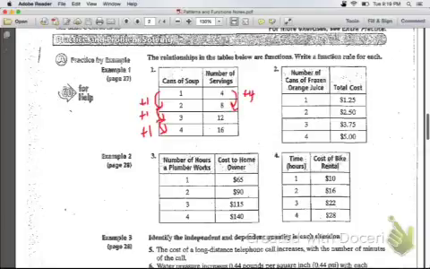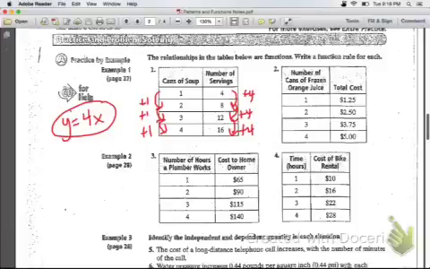We have plus 4, plus 4, plus 4. So the relationship between these two would be, let's see, 1 times 4 equals 4, 2 times 4 equals 8, 3 times 4 equals 12, and 4 times 4. So our rule would simply be 4x. It's a very proportional relationship.